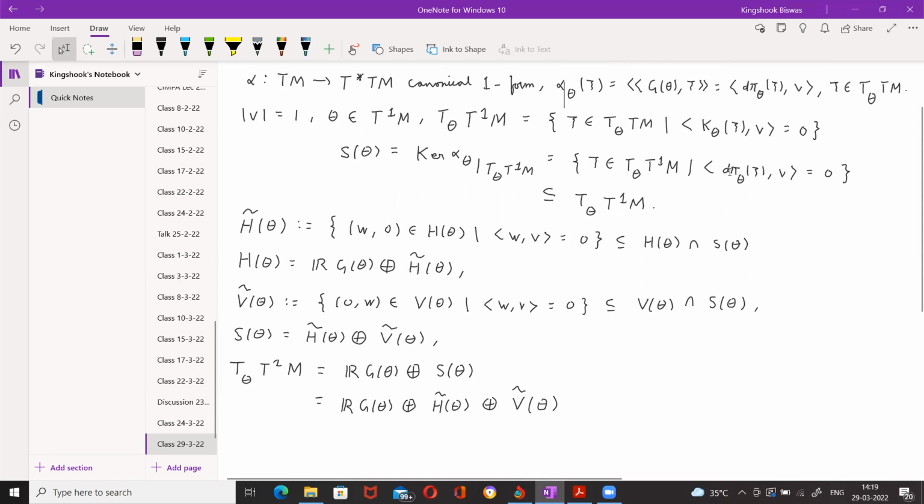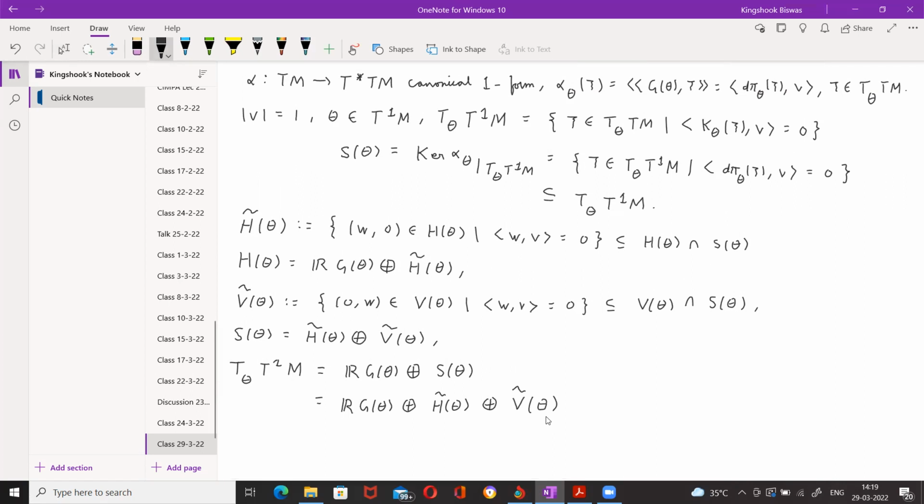So S theta is nothing but G theta perp. So this is just G theta direct sum G theta perp, right? That is S theta. So this is an orthogonal direct sum. And then I can further break this up as R G theta direct sum H tilde theta direct sum V tilde theta. Okay. So these are orthogonal decompositions.